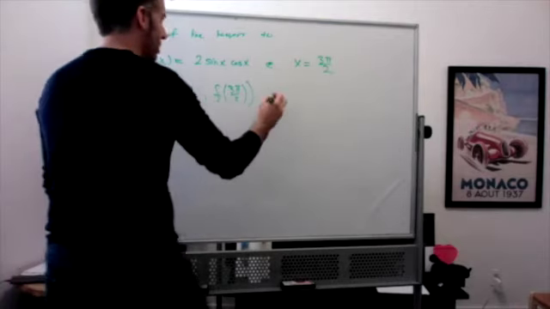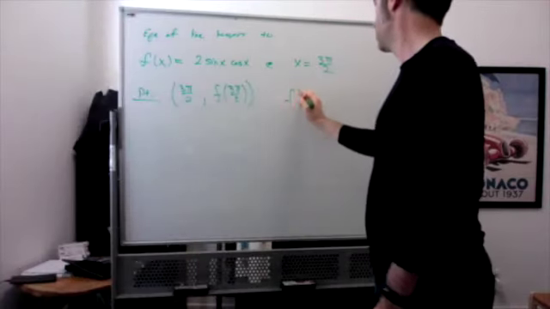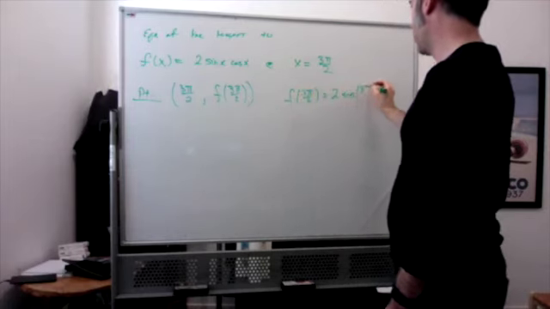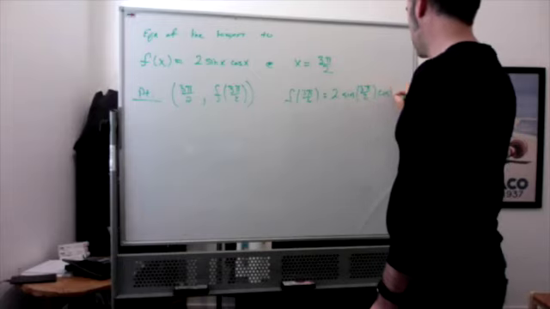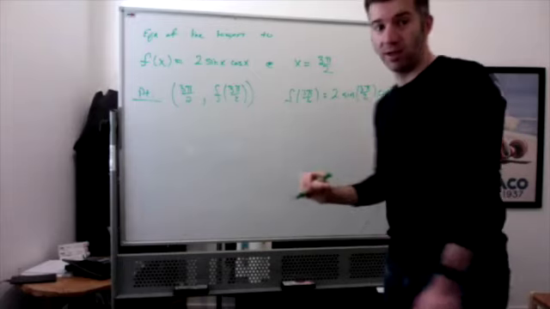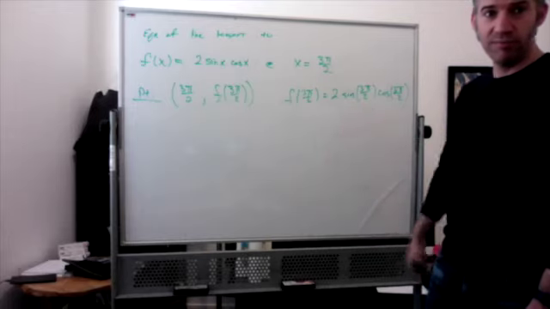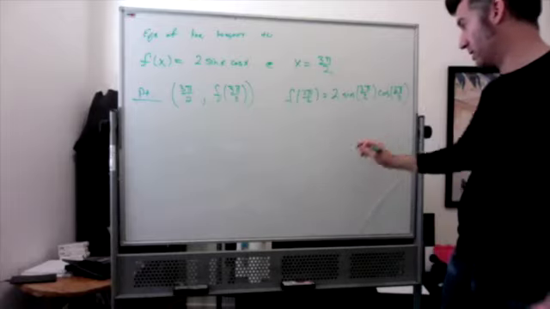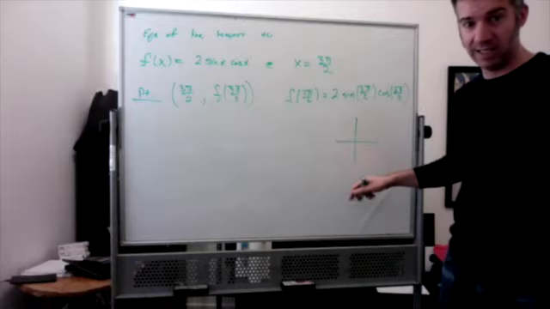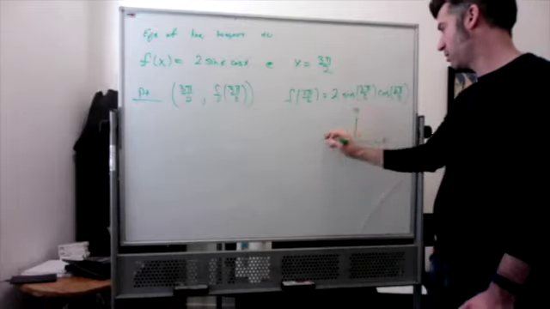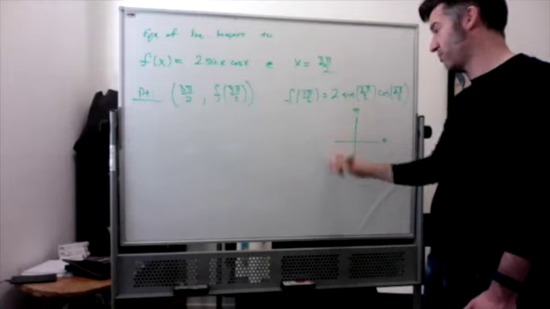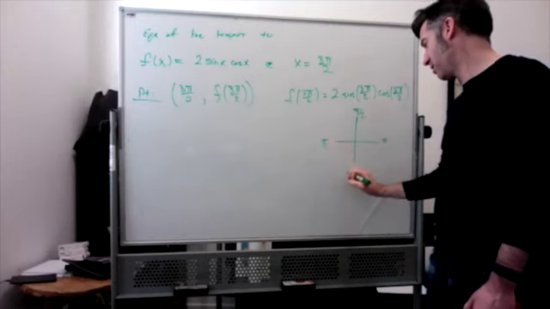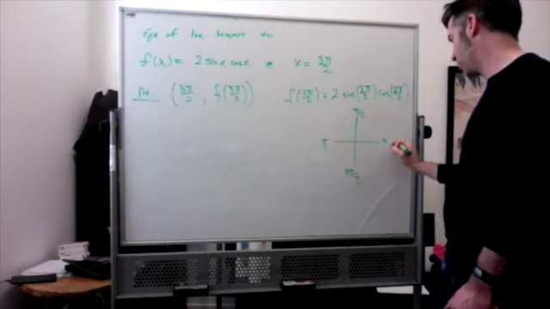So f of 3 pi over 2 is going to be 2 times sine of 3 pi over 2 times cosine of 3 pi over 2. And here's what I definitely know. One of those is 0, right? 3 pi over 2 is one of the quadrantal angles, an angle that occurs on one of the axes: 0, pi over 2, pi, 3 pi over 2, and 2 pi.